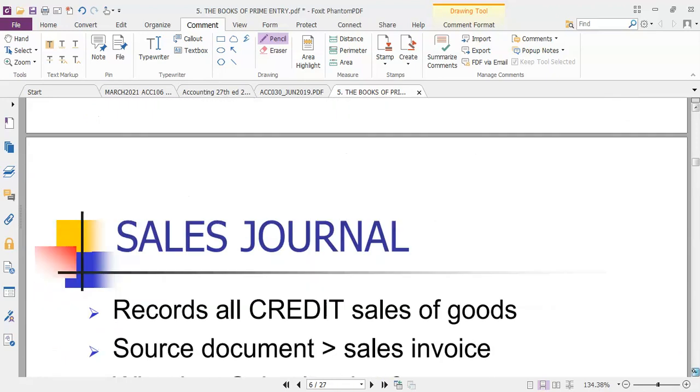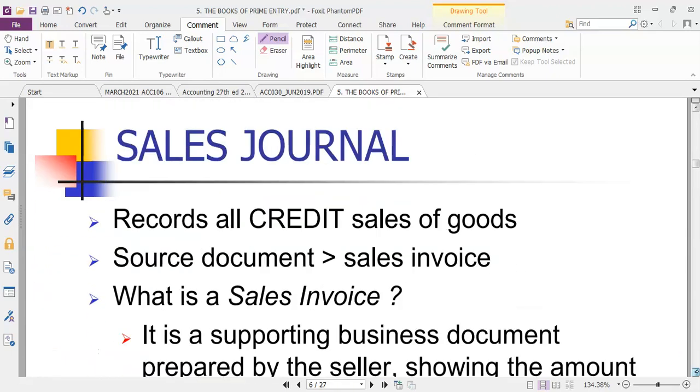Next, let's look at the sales journal. The sales journal will record all credit sales of goods. I want to ask all of you, apa maksud ni? What is the definition of credit?